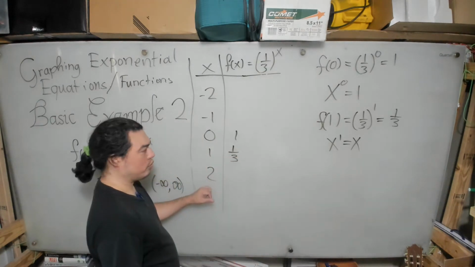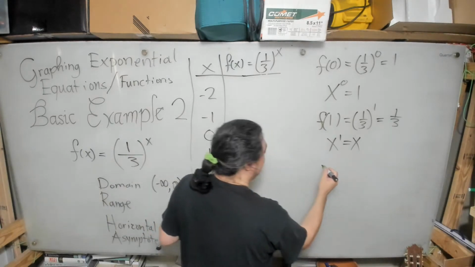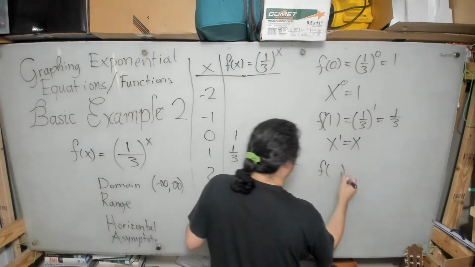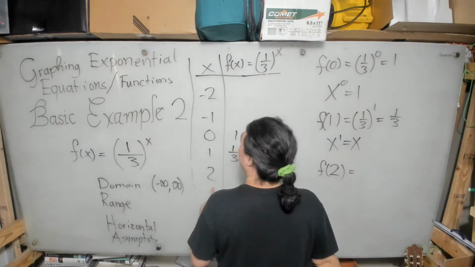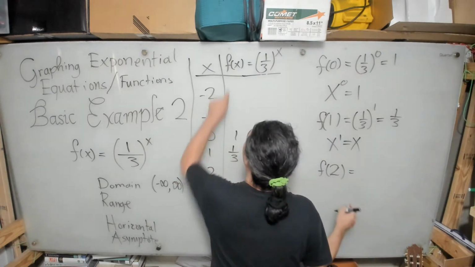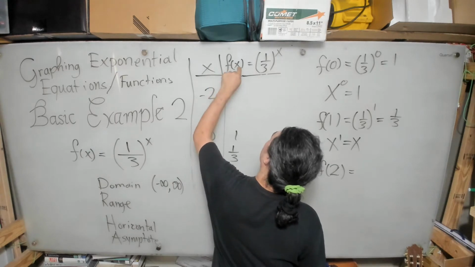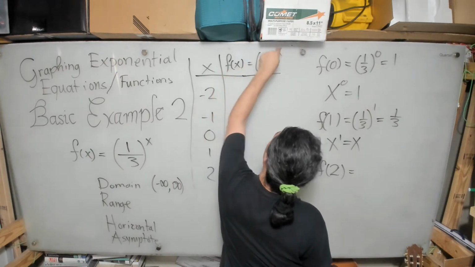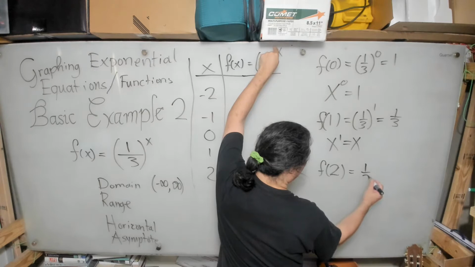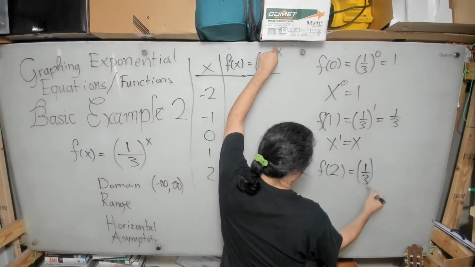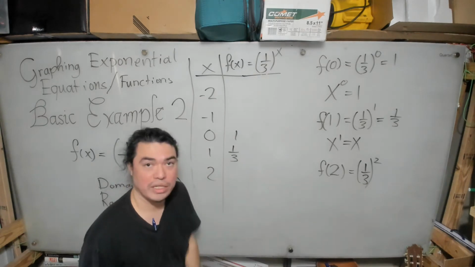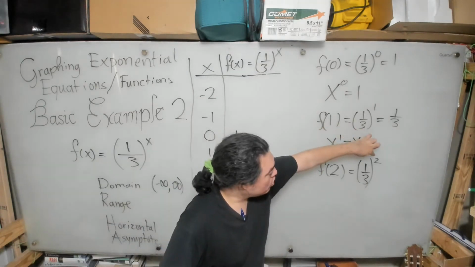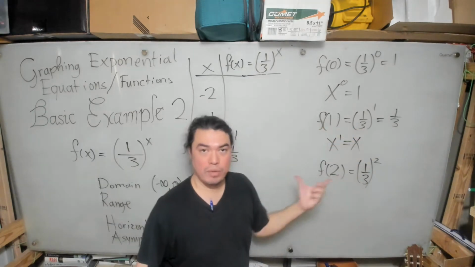What about f of 2? If x is 2, then f evaluated at 2 is going to be 1 over 3 raised to the 2 power, or in other words, 1 over 3 squared. What does that mean? That means we're going to have 2 copies of 1/3 being multiplied together.